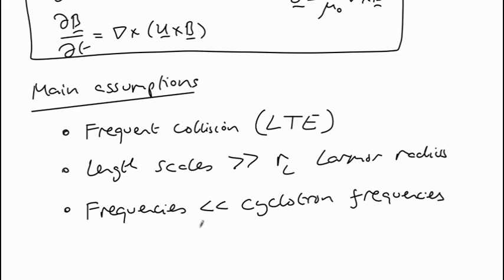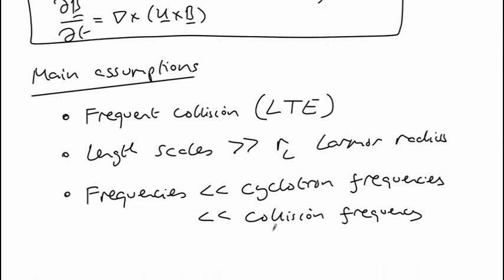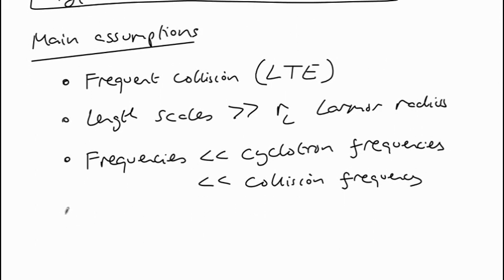And of course much less than the collision frequency. And we've assumed that the plasma is quasi-neutral. Quasi-neutral plasma, which in general is also consistent with the low frequency assumption. So we assume that everything is very slow compared to things like typical speed of light kind of waves.